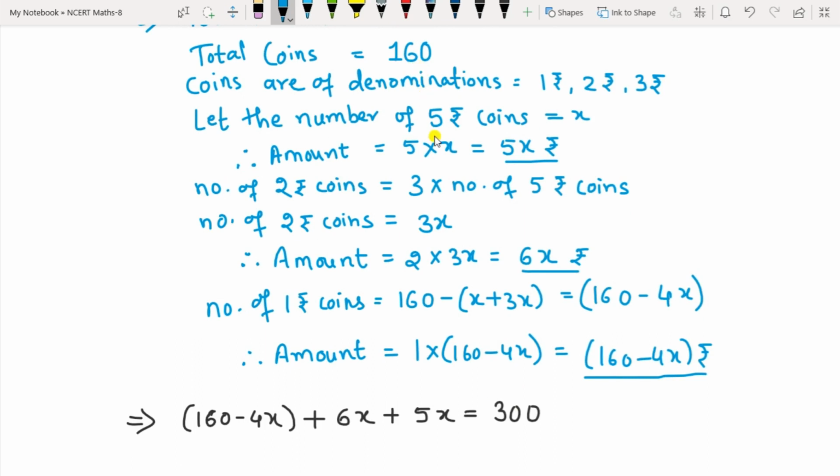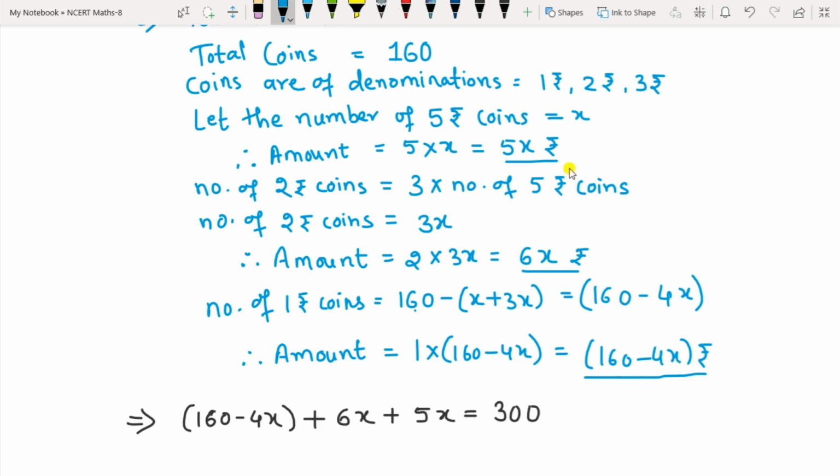Then the number of 1 rupee coins, we don't know how many they are, but we know the total. So subtract the 2 rupees coins and 5 rupees coins from the total, and you get 160 minus 4x coins of 1 rupee.